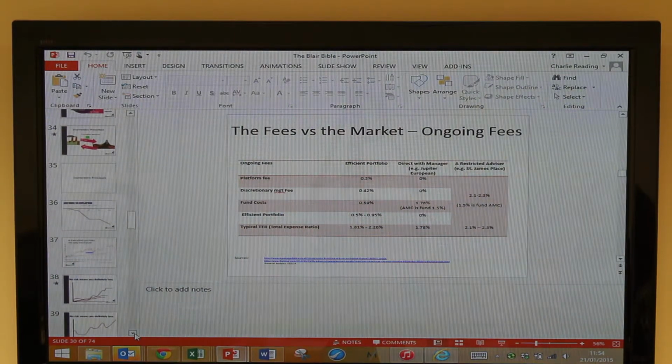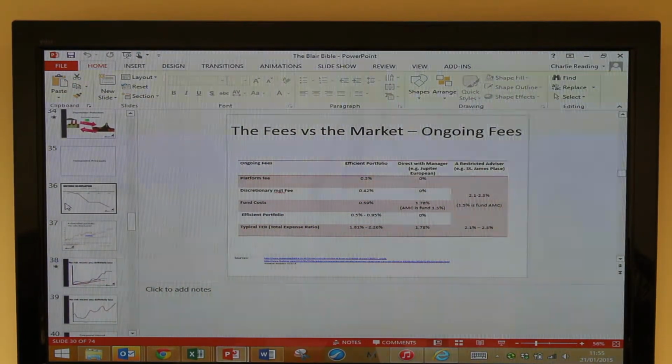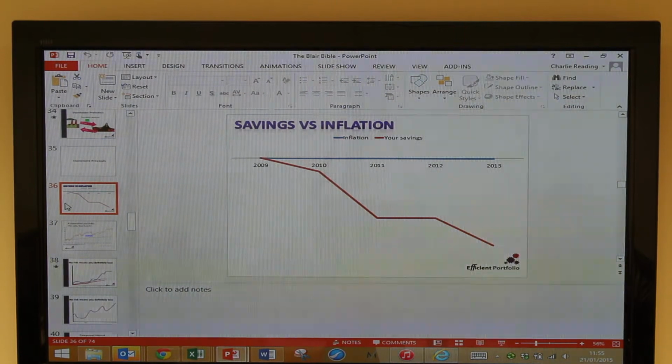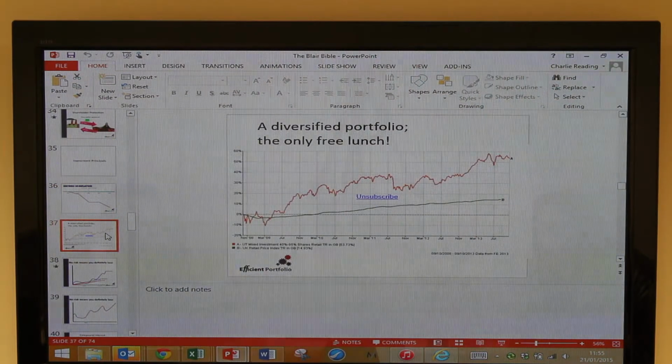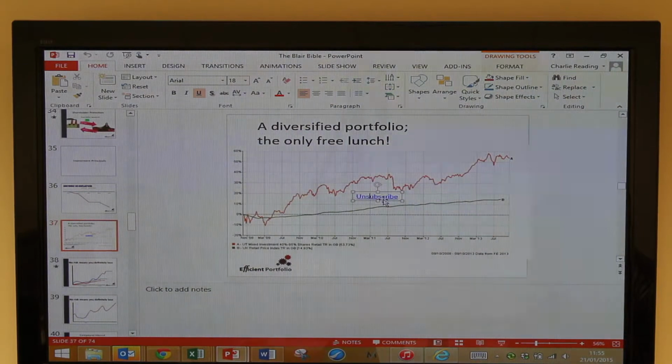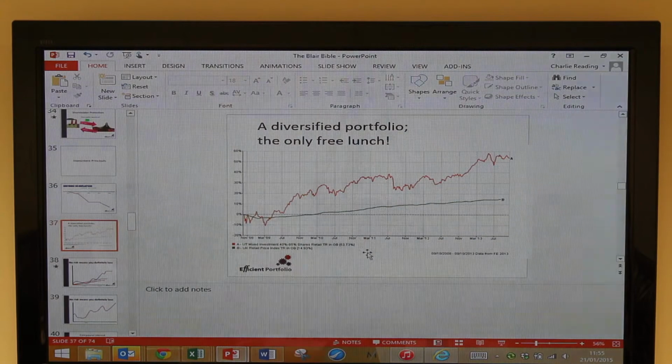Let's just, you said what was the problem with investing in cash? A very easy way to look at that is if we look at inflation from 2009 to 2013 compared to your savings, your savings will underperform the inflation, so actually that's what's happening in real terms to your money. And you also asked about a diversified portfolio and the difference between investing in that versus inflation.